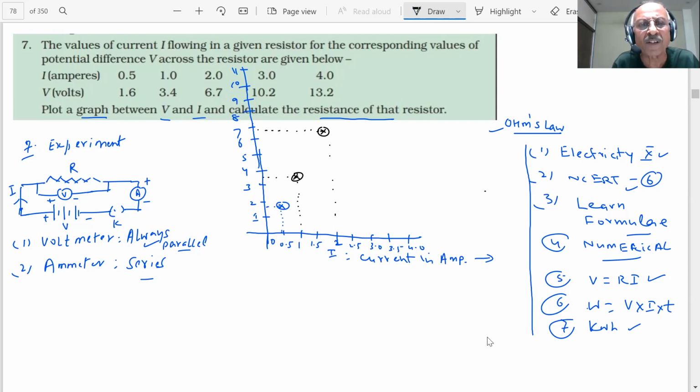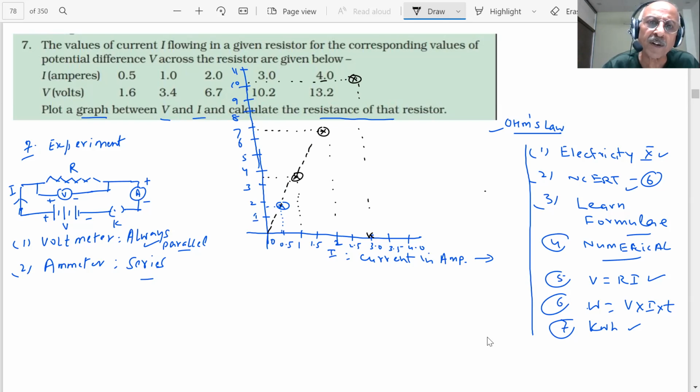Students, I am not up to the scale, I have not used the graph paper. 3, where is 3? And 10.2, you know how to make a graph, students. This is my 10 point. Am I right? Are we getting this type of graph? And you will join.